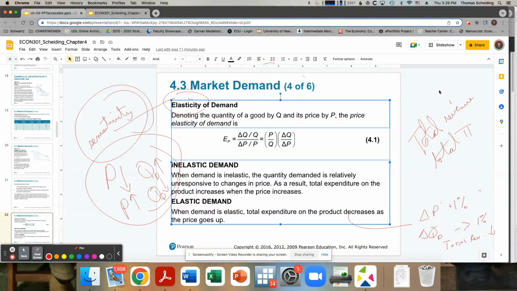Revenue being price times quantity. So this would be going up 1%, but this would be falling by, let's say, 5%. So total revenue would fall.